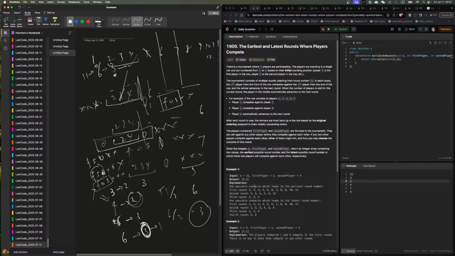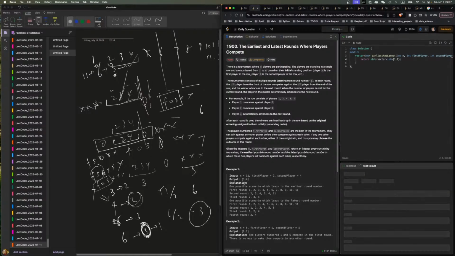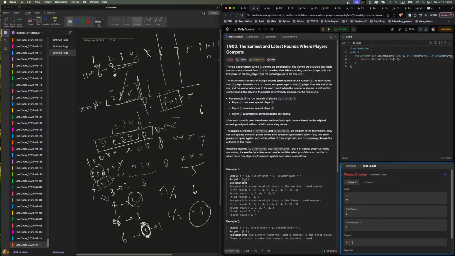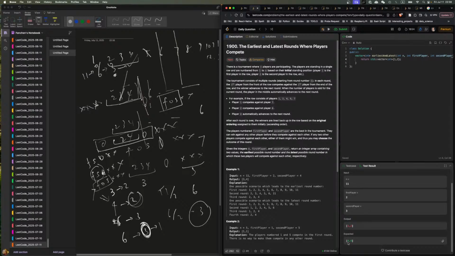But I can't find a 3, which means you need to take one more step. So in this case, I think it's going to be 4. The lower should be 4. Let's see, is it 4? Yes, right? The lower is 4.